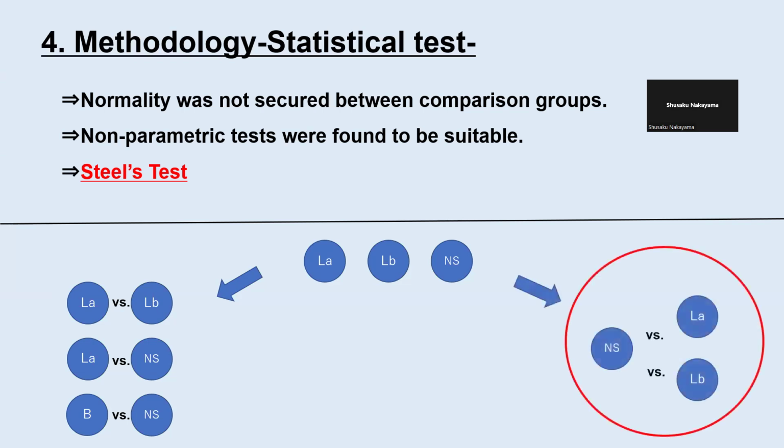This means that it is not necessary to make comparisons between Japanese learners, as in the right side. And this type of comparison, pairwise multiple comparisons for all the pairs of the reference point and the learner group, can be done with the Steel's test. So I performed the Steel's test in this study. Then let us move on to analysis results.